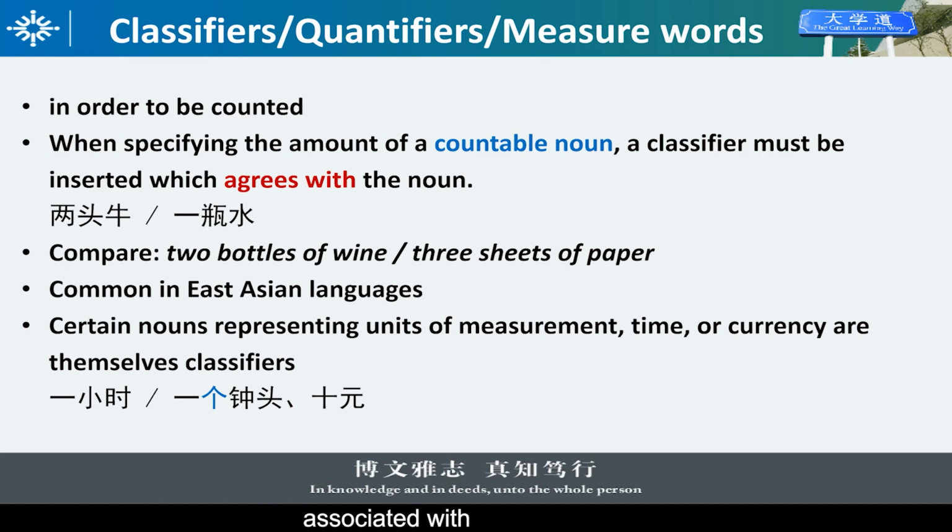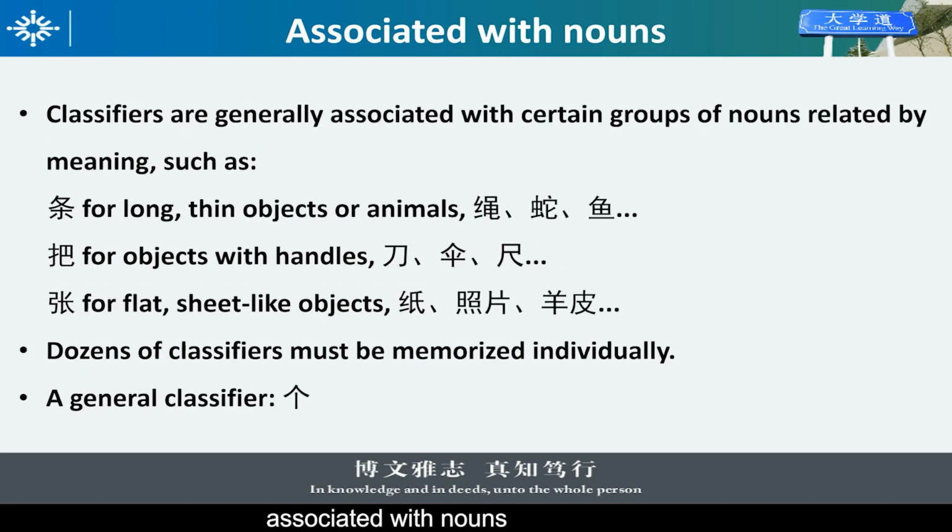Okay, the classifiers are associated with nouns, as I mentioned, and they are generally associated with certain groups of nouns related by meaning. So you can figure out the original meaning of those classifiers. For example, 条 means something long and thin, narrow. Okay, so you use 一条绳, 一条蛇, 一条鱼.